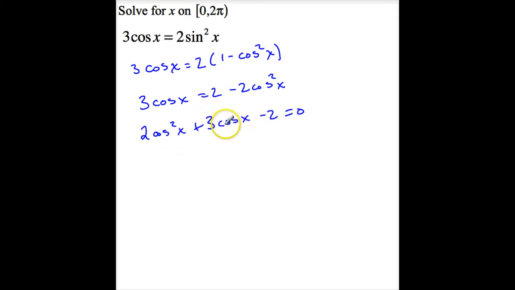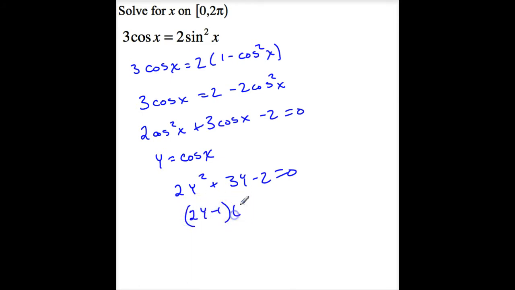Now this is a quadratic. If I let y equal cosine of x, then this becomes 2y squared plus 3y minus 2 equals 0. And so it's very straightforward to see that this becomes 2y minus 1 times y plus 2 equals 0.